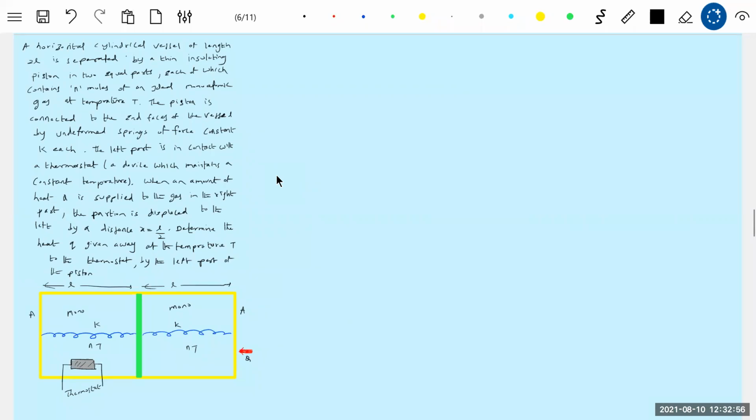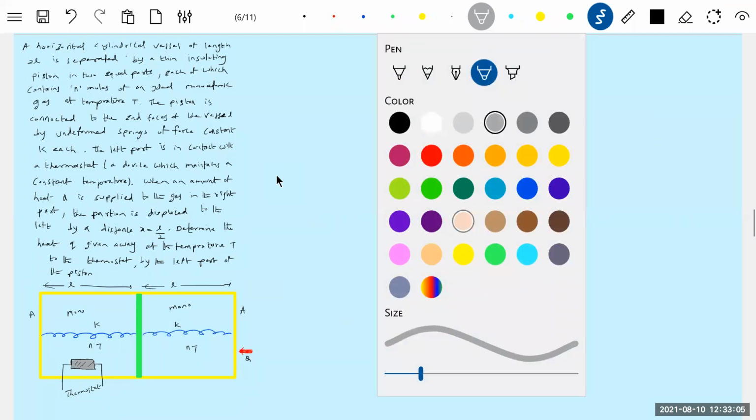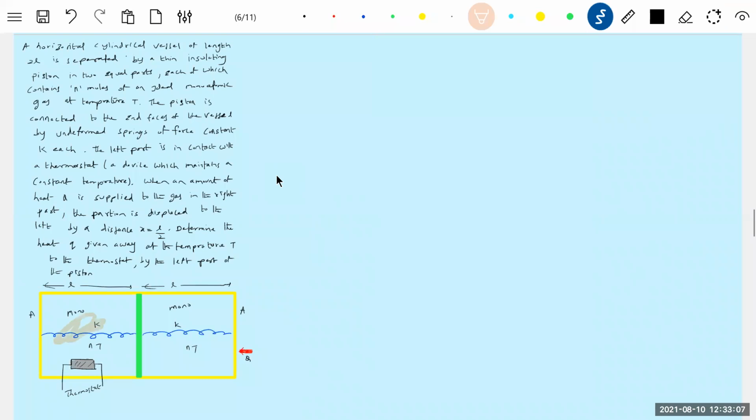Read the question. There's a gas present. Read the question, I'll just shade it.